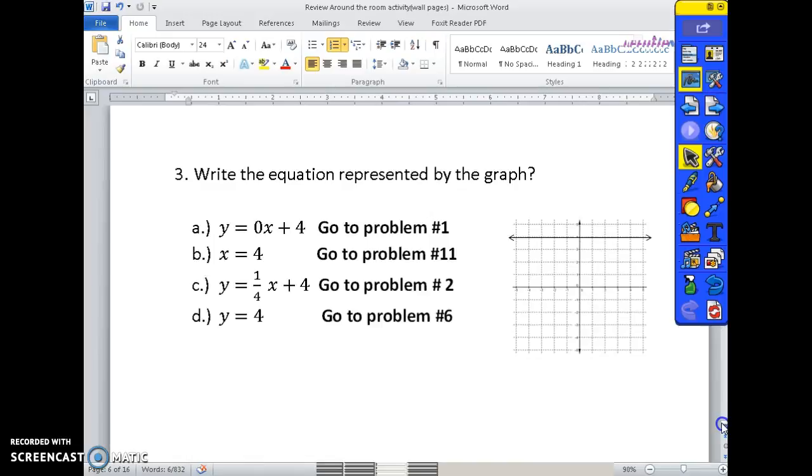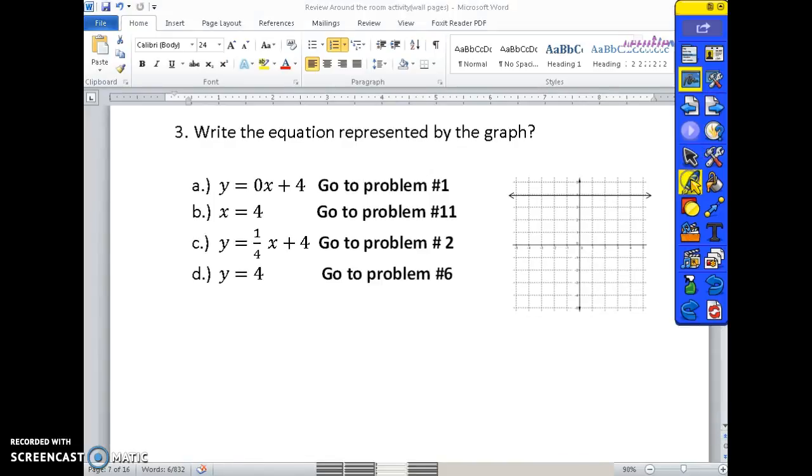Problem number 3 says to write the equation of the graph. This graph has a slope of 0 because we're not rising any, we're just going left to right. We know that a horizontal line has a slope of 0. It crosses the y-axis at 4, so y equals 4.